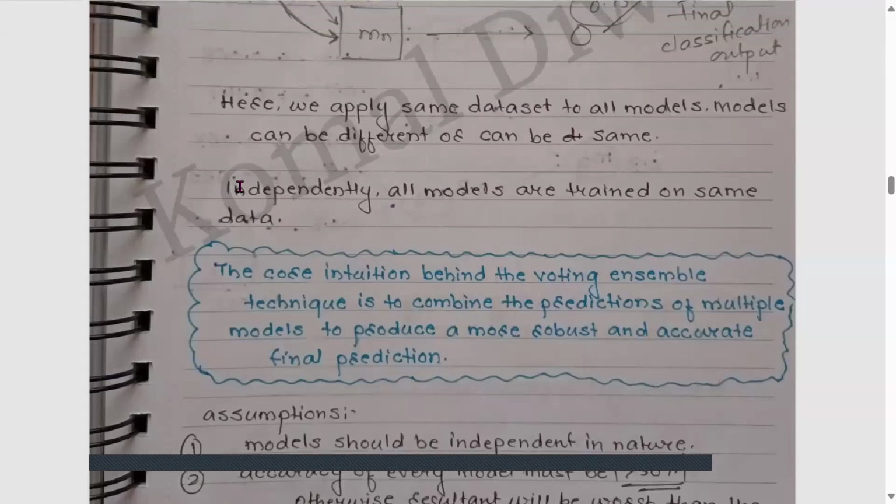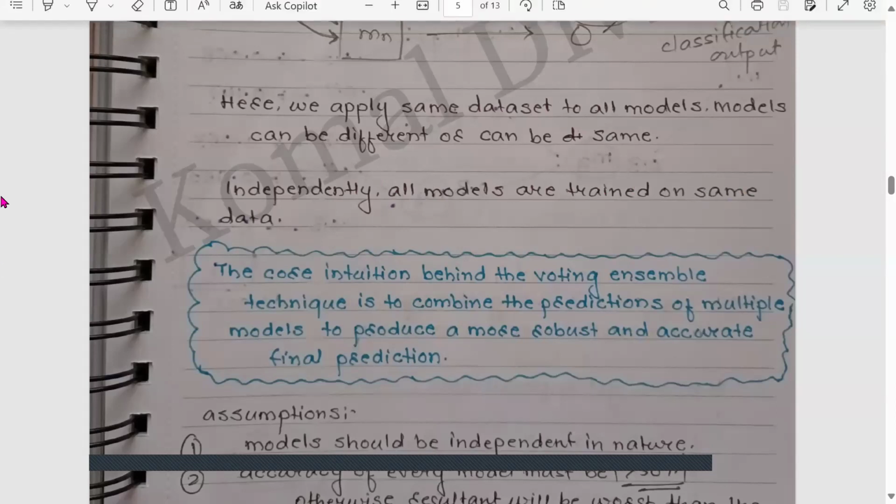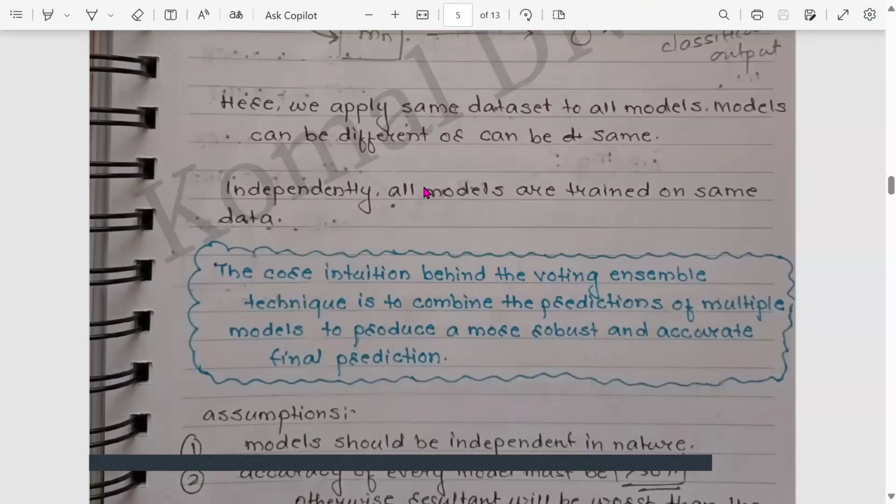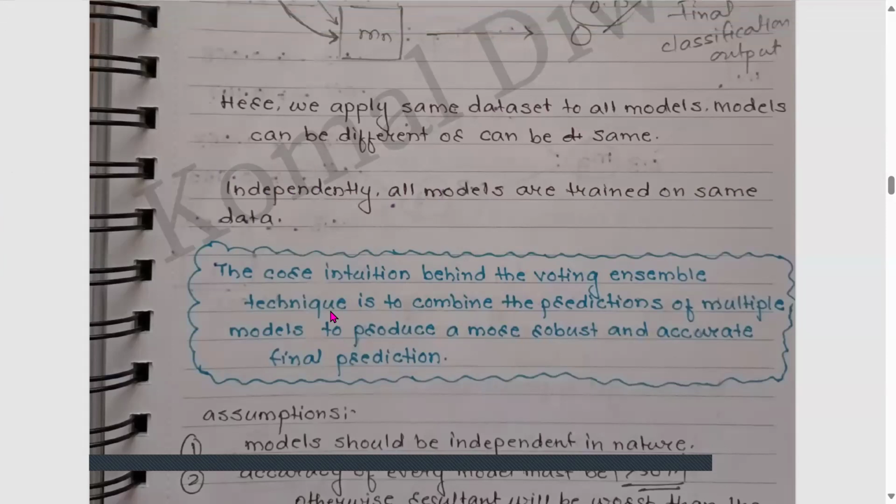Independently, all models are trained on the same data. Guys, please focus here and remember this, it is a very important line, so highlight it.